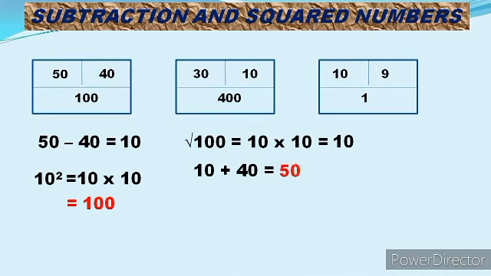Now if you are going the other way around to get 40, what you got in your square root, you subtract it from 50 and you will get 40. It's as simple as that.